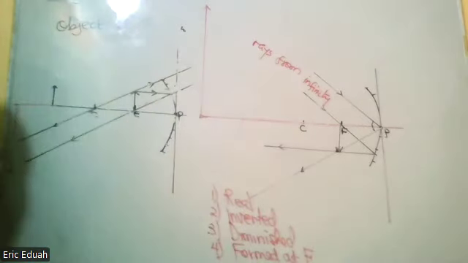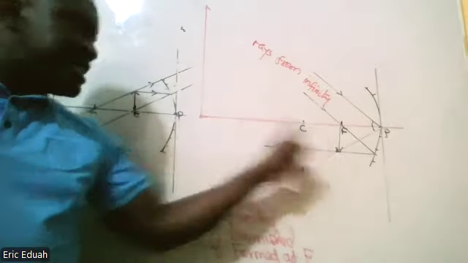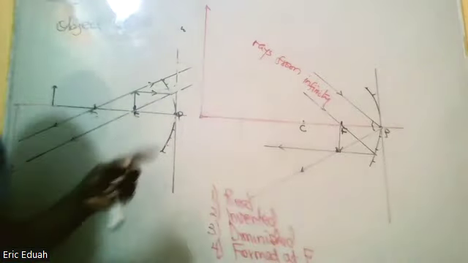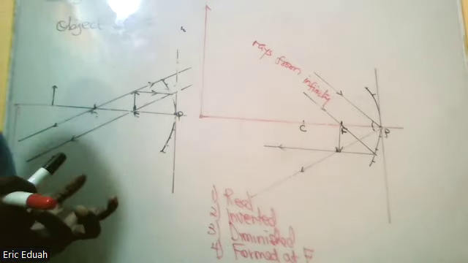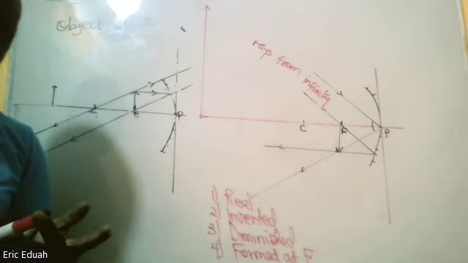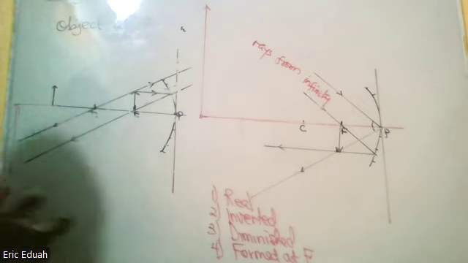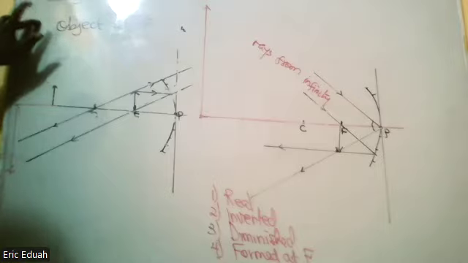So these two must actually be at your fingertips. When an object is placed at F, we have a real image formed at infinity, inverted, the image is magnified, and lastly, formed at infinity.